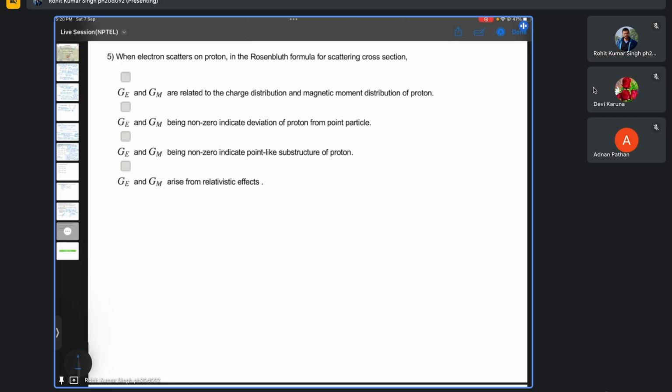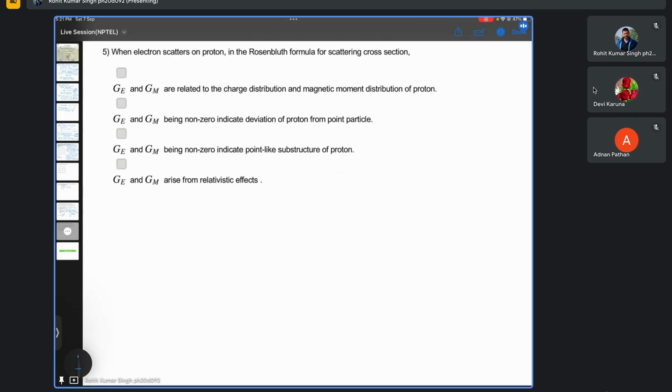Okay, one last problem for today. The question is, when an electron scatters on a proton, the Rosenbluth formula for scattering cross section. This is also discussed in the lectures.